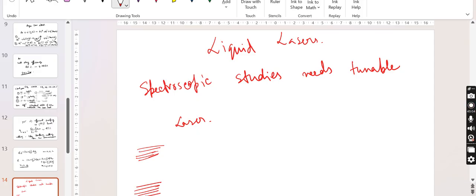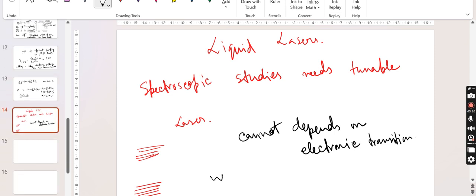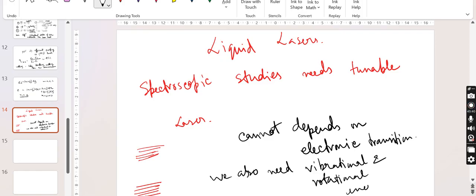So basically, we cannot just depend on electronic transitions. We also need vibrational and rotational energy levels.